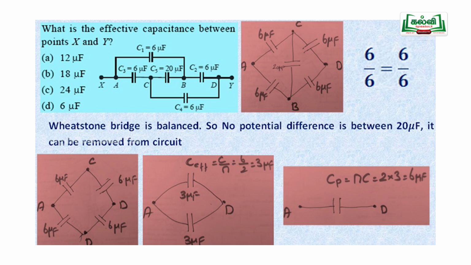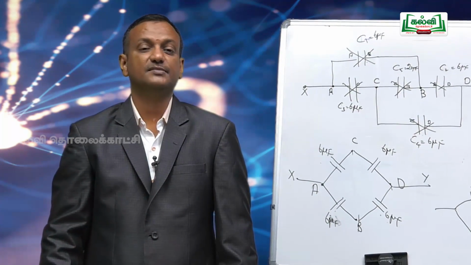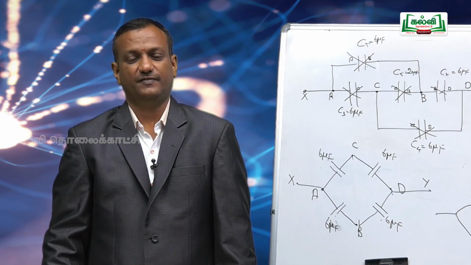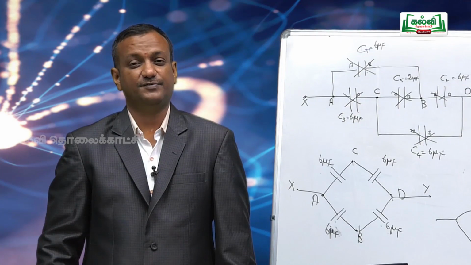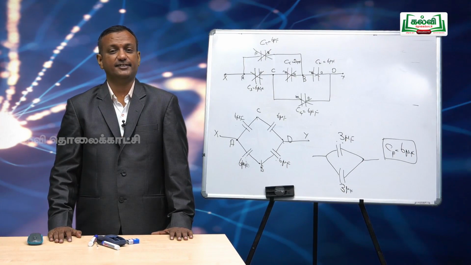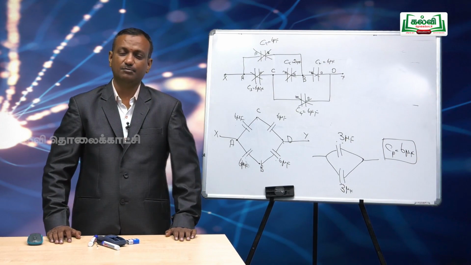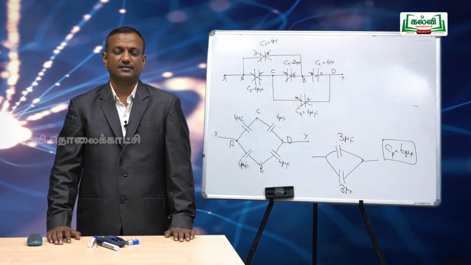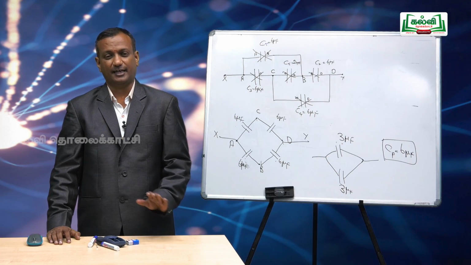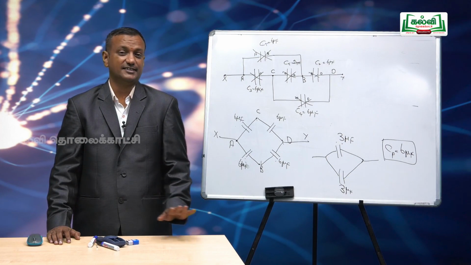Is it clear, children? Okay. So in this session, what all have we seen? First we have seen the potential energy of a system of charges, and next the potential energy of a dipole in an electric field, and based on those two topics we have seen some important problems. Third, we have seen the capacitance of a conductor, and next the capacitance of a capacitor.